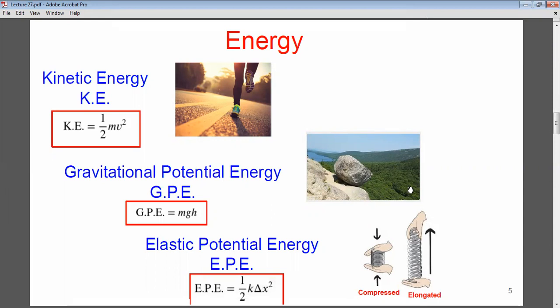So this h will be its altitude, and I can calculate the gravitational potential energy, or what we call GPE, by applying mgh. And finally, elastic potential energy happens when we have a spring, a string, a rubber band. We mostly need to focus on a spring or a rubber band. When it is compressed a distance delta x, or when it is elongated a distance delta x, the EPE is half k delta x squared, where delta x is the elongated or compressed distance, and k is the spring constant that we know from Hooke's law.